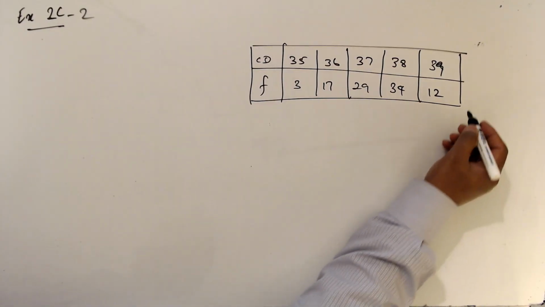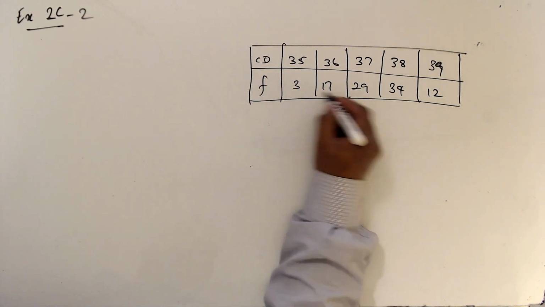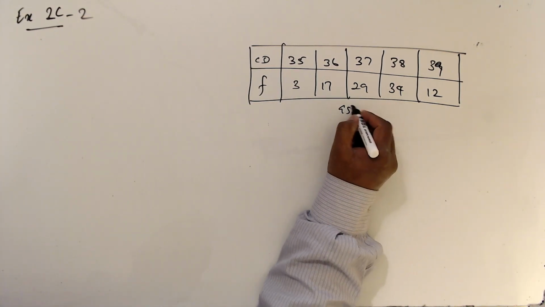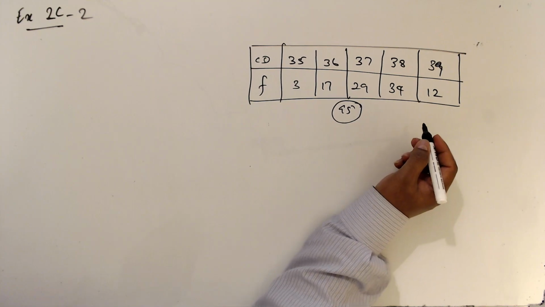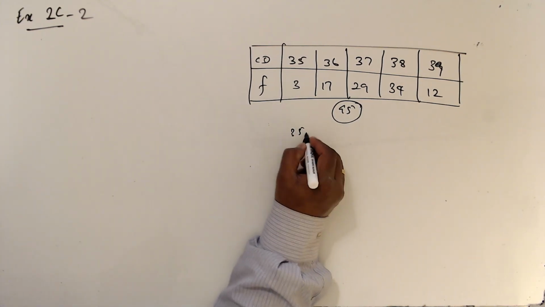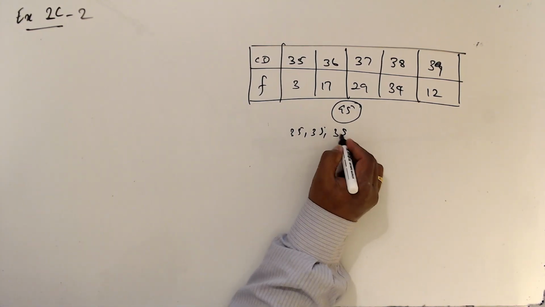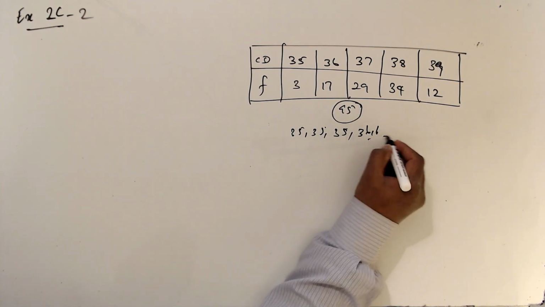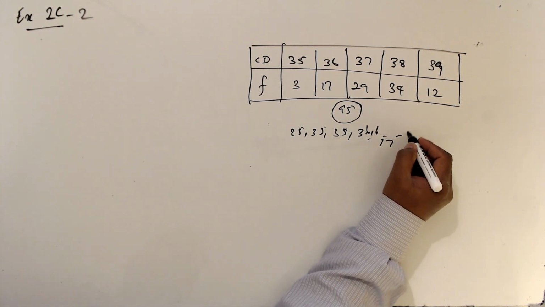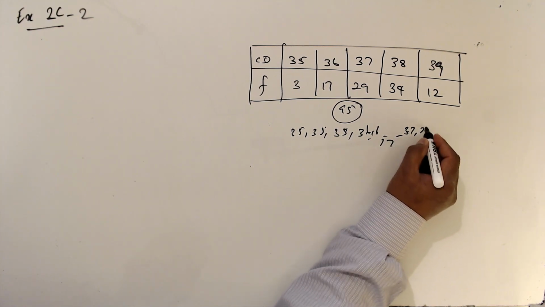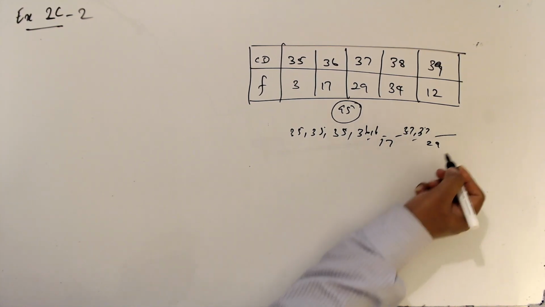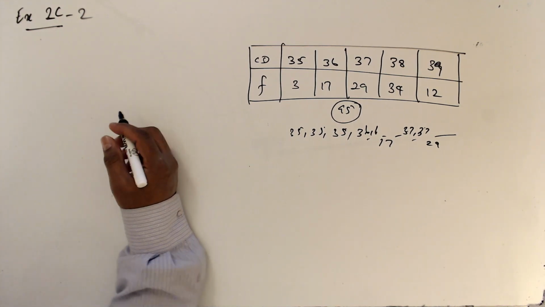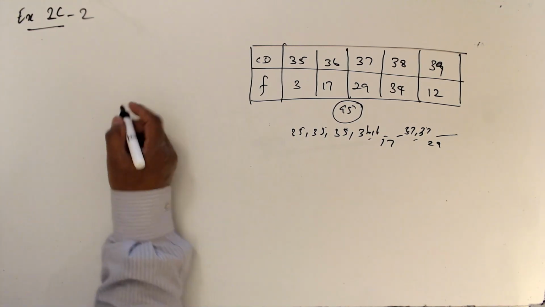There are 95 students. 35 collected 3, and 36 collected 17. Likewise, 37 collected 29. So we want to find the first, second, and third quartiles.